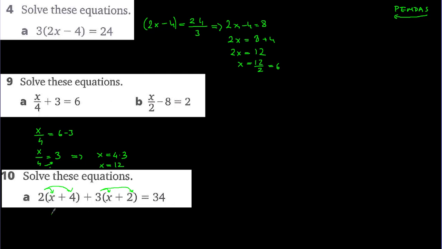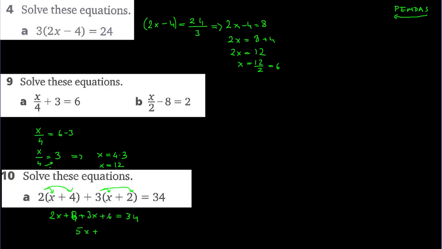So 2 times x is equal to 2x. 2 times 4 is equal to 8. 3 times x is equal to 3x. And 3 times plus 2 is equal to plus 6. Then it's equal to 34. Now I'm going to add the like terms together. We know that 2x plus 3x is equal to 5x. 5x plus 4, this is going to be 8, I forgot to do that one.